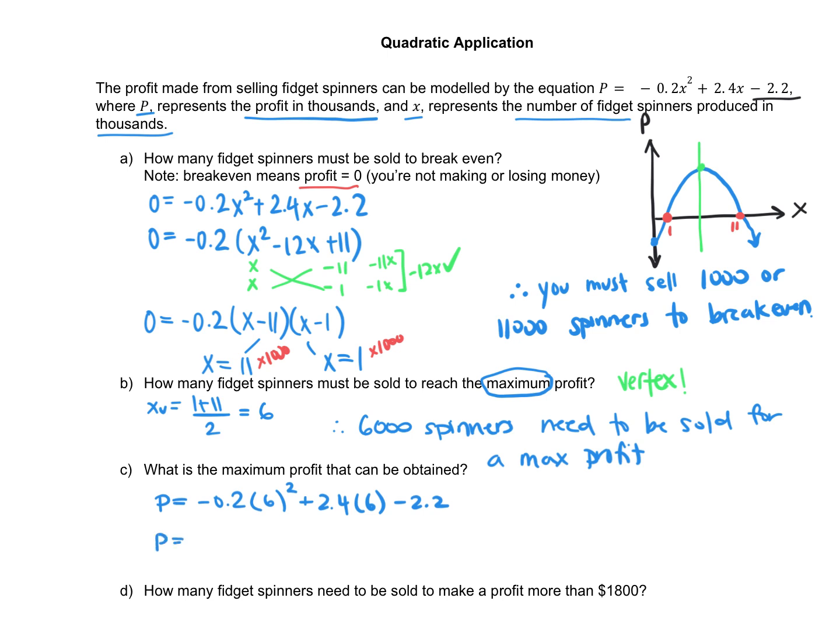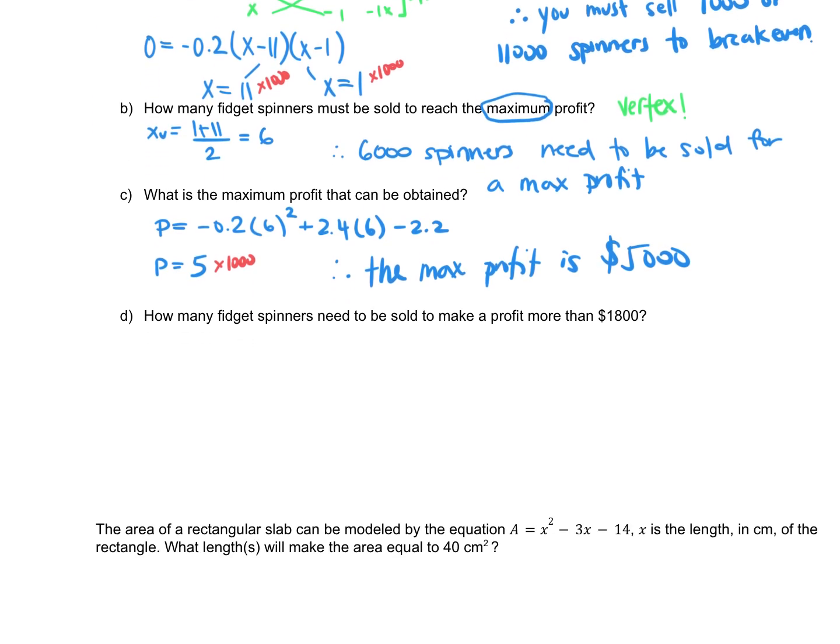Either way, when we punch this into our calculator, simplify, we should get 5. Again, that does not mean $5. That would be terrible. Our profit is in thousands, so it's 5,000. Therefore, the max profit is $5,000.